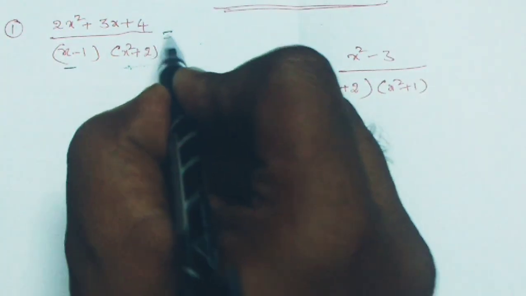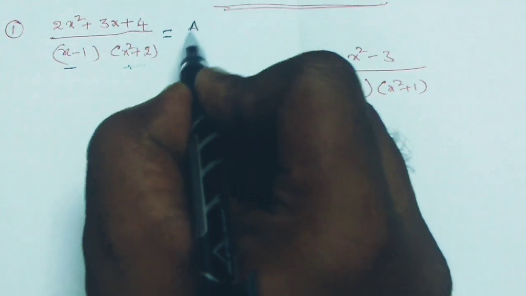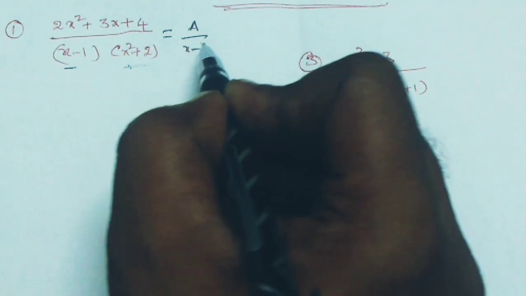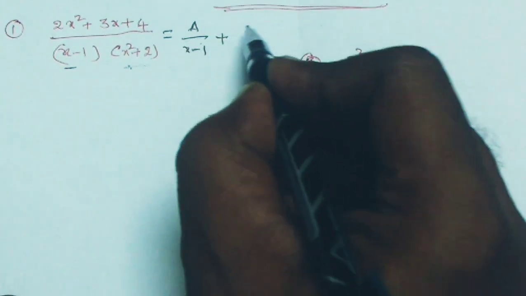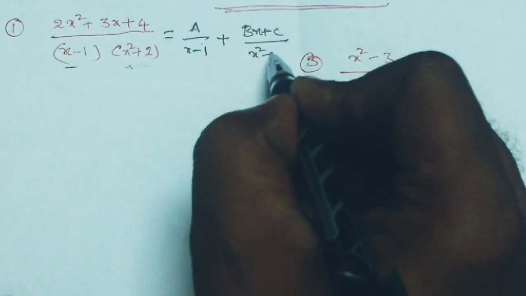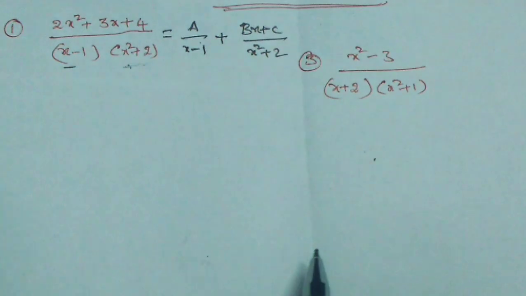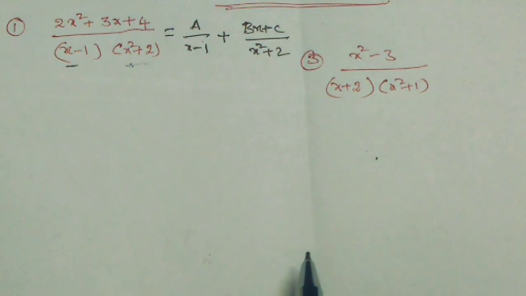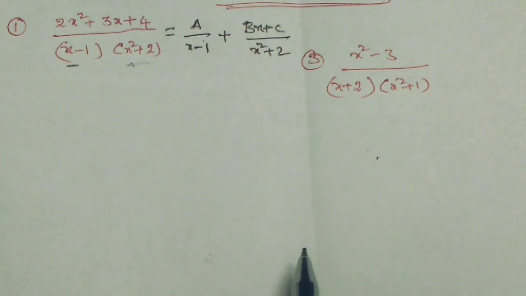So this can be written as a/(x − 1) + (bx + c)/(x² + 2). Is it clear? We have to calculate the values of a, b and c.